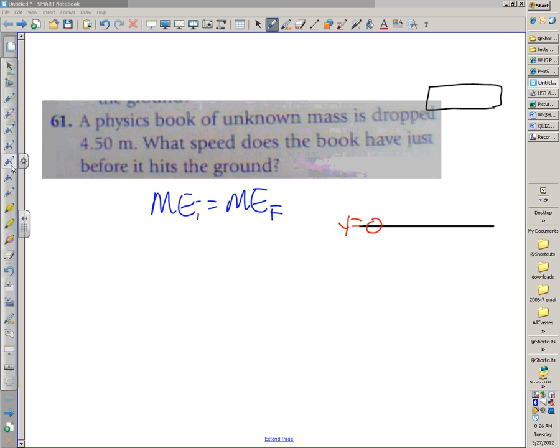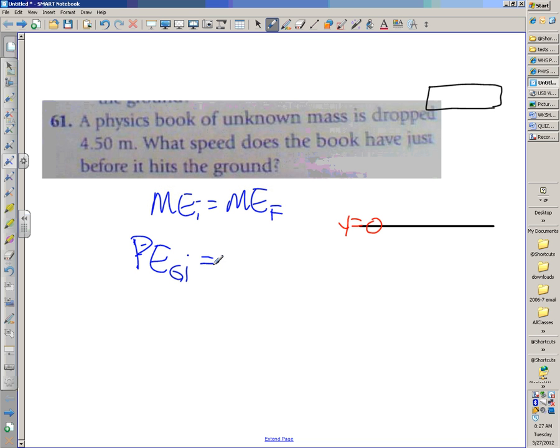So we modify the left-hand side of this equation to look like this: PGI, the initial gravitational potential energy. Is there anything being stretched or compressed in this problem? There's not. So no elastic potential energy.